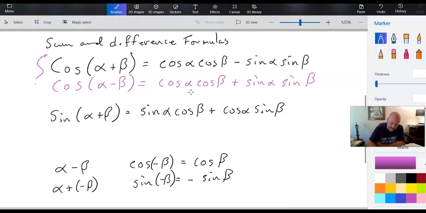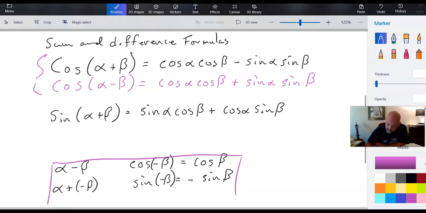So these two go together. Notice the differences. You can use these down here to verify it yourself. I think it's a good exercise for you to try to verify that these two formulas are actually the same formula, even though you're given them as two formulas.